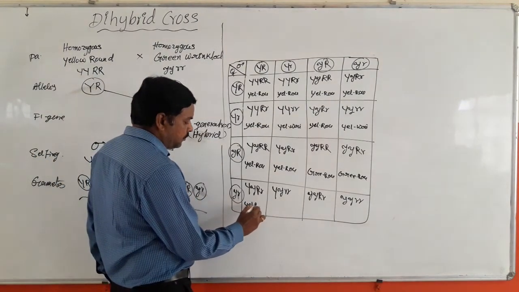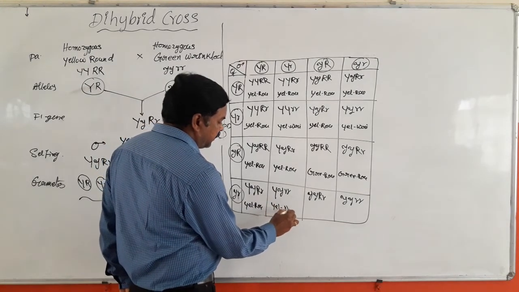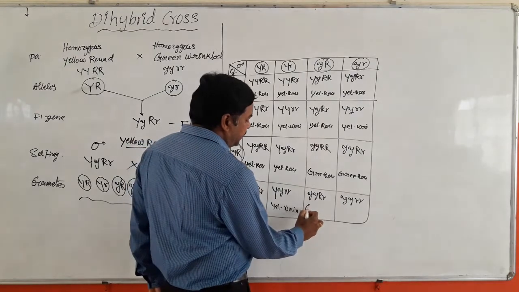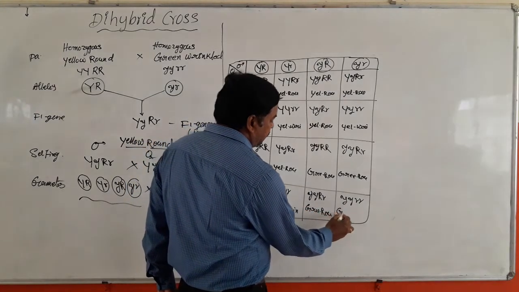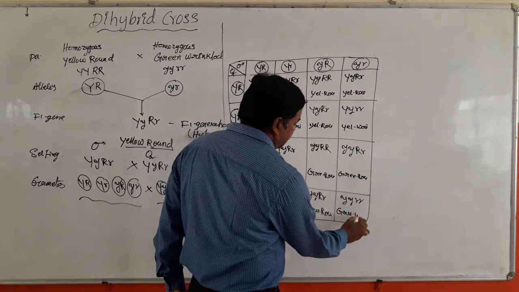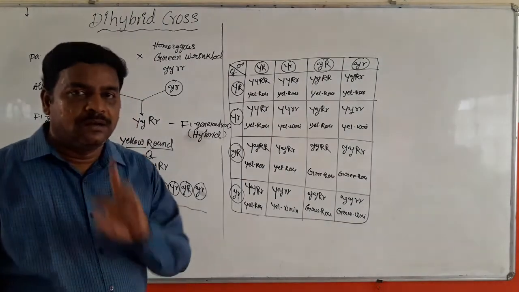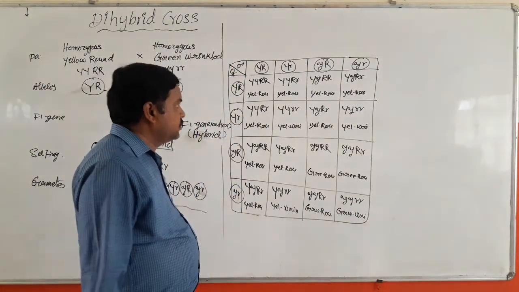Yellow round and yellow wrinkled. And green round. And this is a green wrinkled. In this way, total 16 plants are formed in F2 generation.